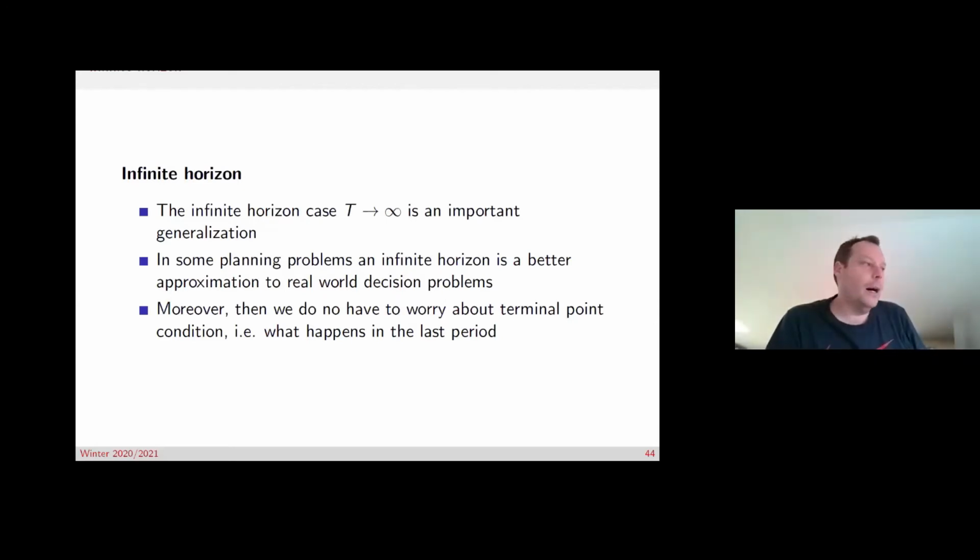Why do we do that? Some problems that we might encounter are better approximated by an infinite horizon. That could be consumption choices where what you have in mind are family dynasties, that you're planning for your kids and your grandkids and so on, and that you want to leave a bequest. Then it seems fair to approximate this by a planning problem where there's no end.